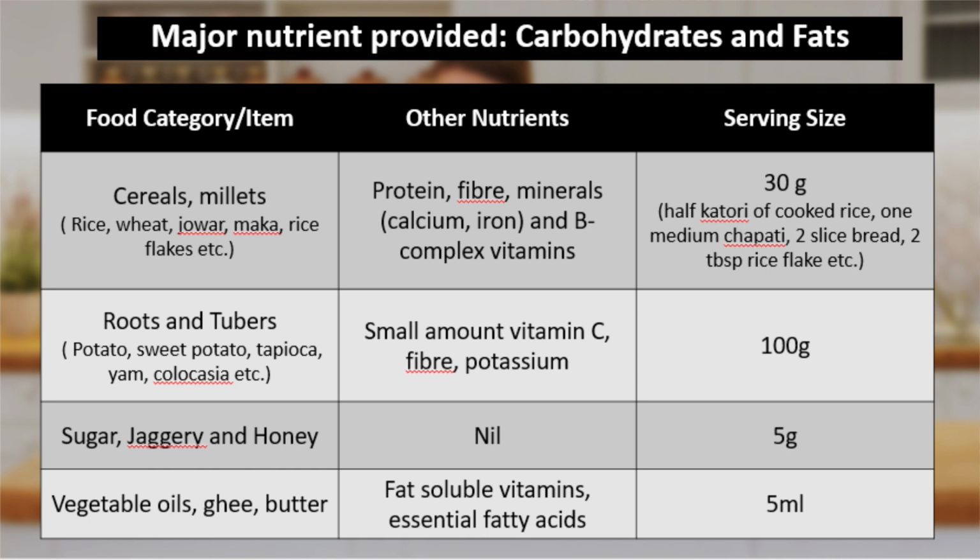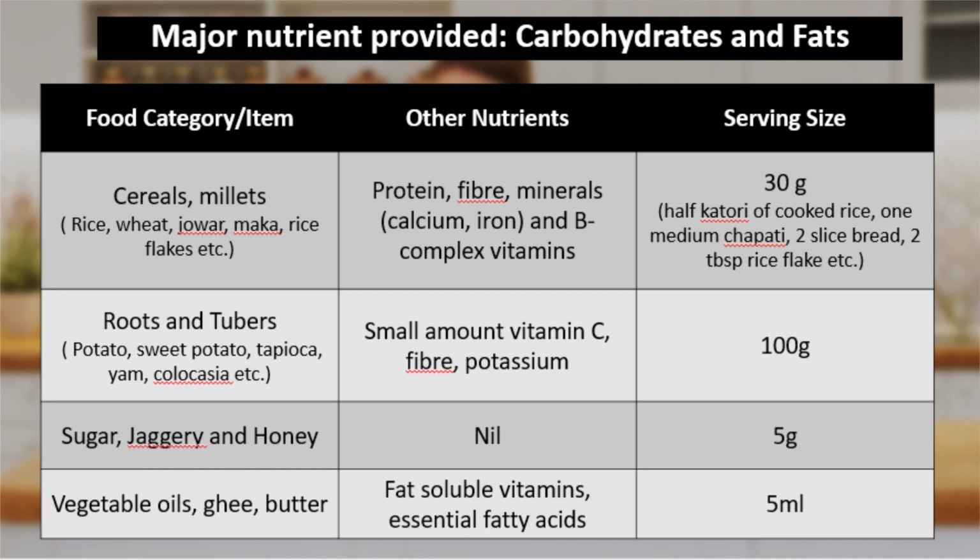So what do we do? If you look at one serving size of 30 grams, roughly any of these cereals, 30 grams as one exchange, one portion, will give you about 20 grams of carbohydrate. So we are clubbing different foods based on their function and the amount they provide.